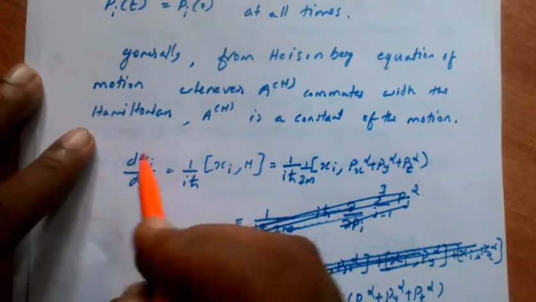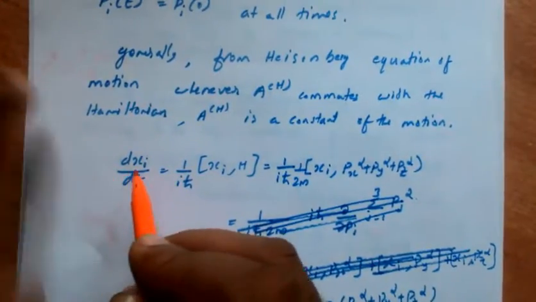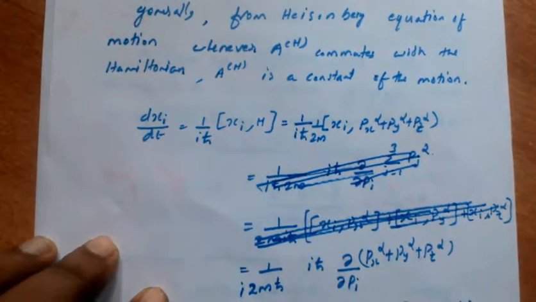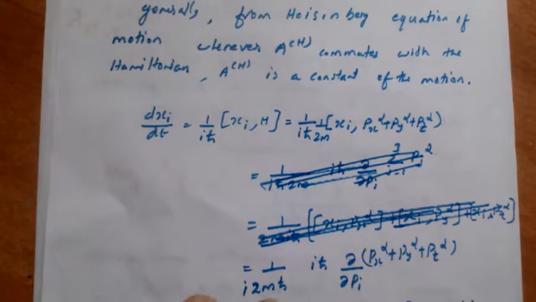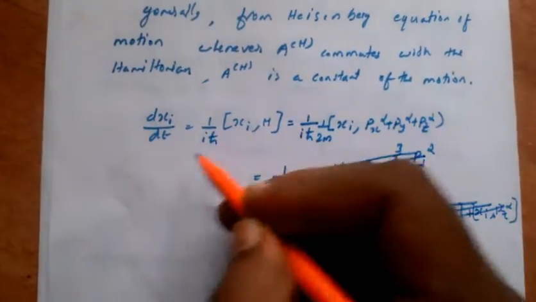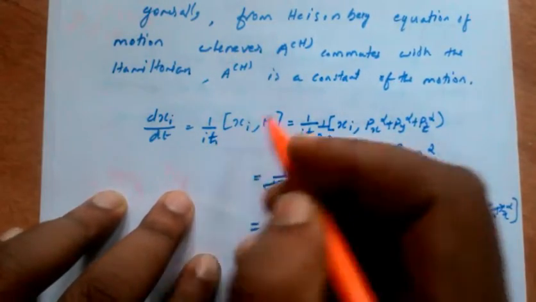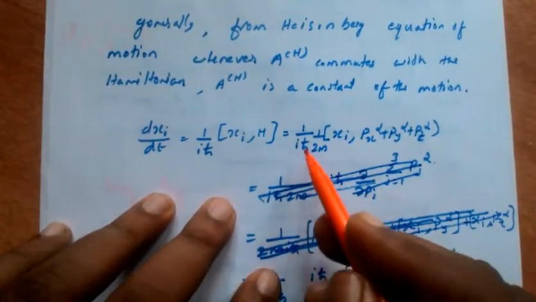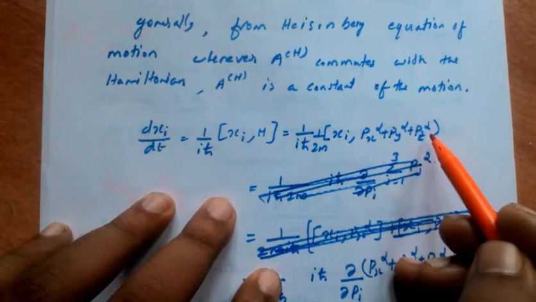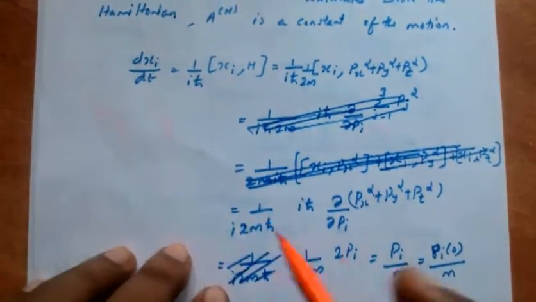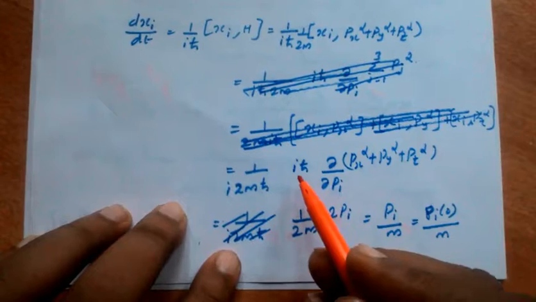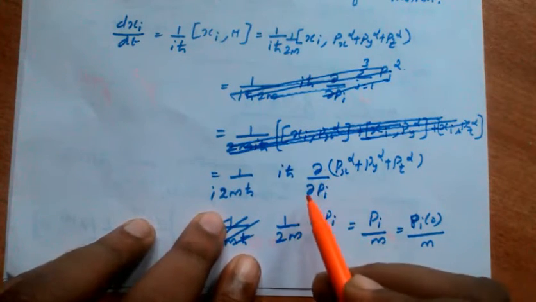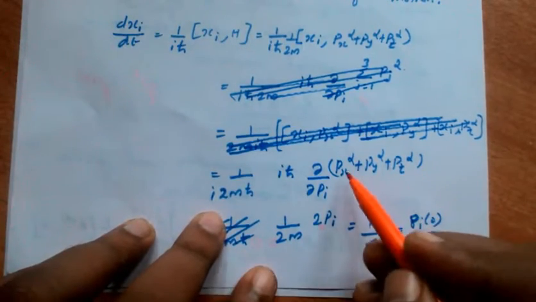The rate of change of the position operator, or time derivative of the position operator, that is dxi over dt, equals 1 over ih cross commutator of xiH. That is equal to 1 over ih cross 2m, xi with px square plus py square plus pz square, and that is equal to 1 over ih cross 2m into ih cross dou by dou pi of the function of p.